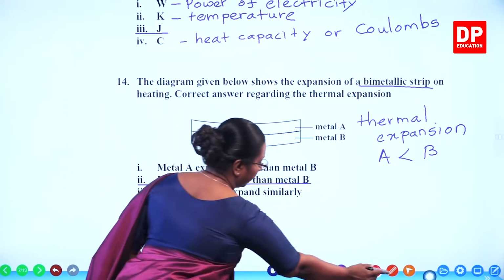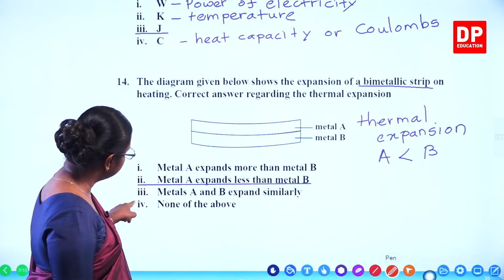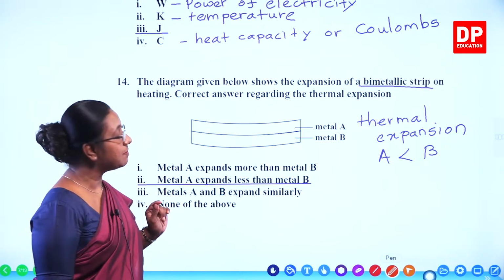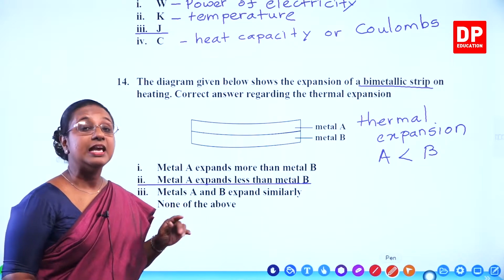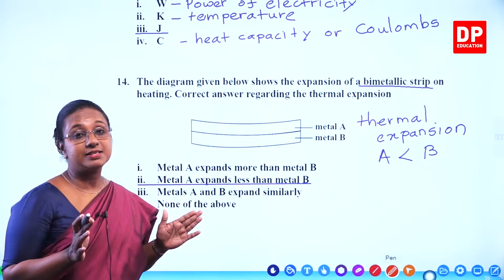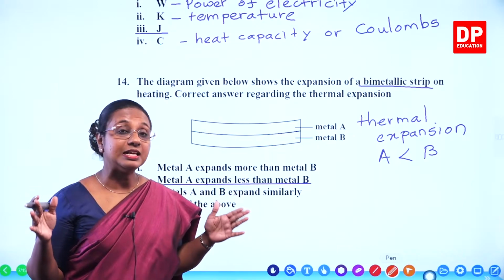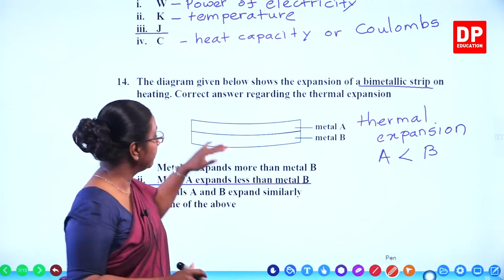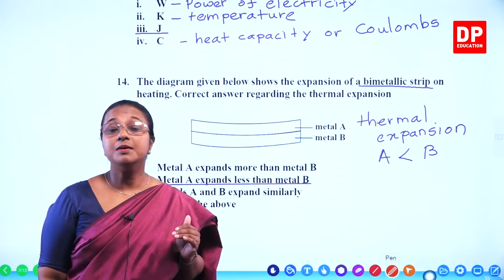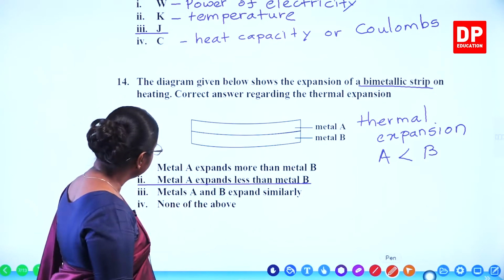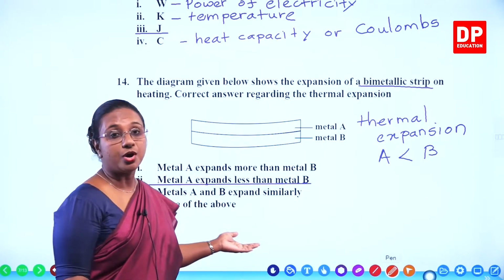Metal A expands less than metal B. That is correct. Then we have the third answer, metals A and B expand similarly. If they show similar expansion, then the length will increase similarly, so there will be no curving of the bimetallic plate. None of the above is also not correct.